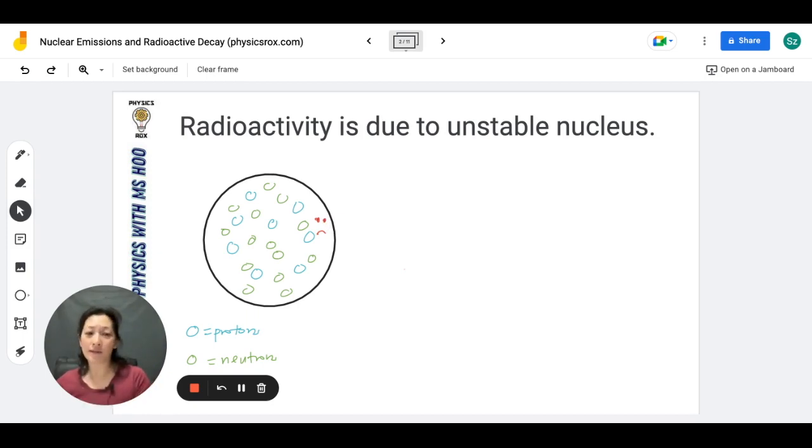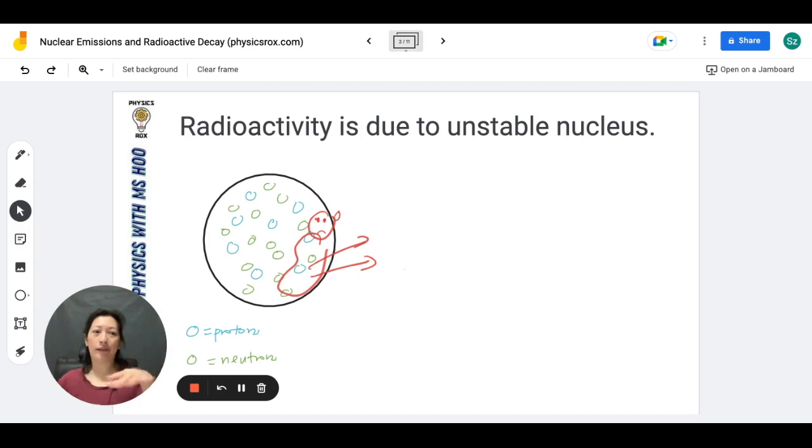So how does it become more stable? Remember, the number of protons and neutrons are not the correct numbers. So what this nucleus needs to do is get rid of the additional numbers and throw it out. Basically, it needs to throw stuff out in order to become more stable. It's easier to throw out than to take in.